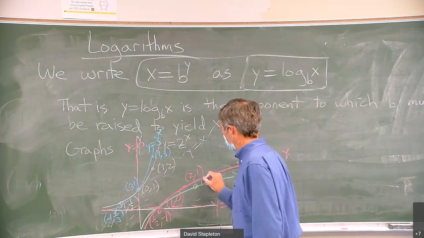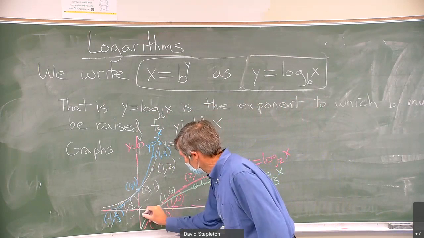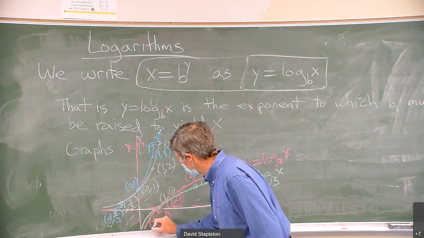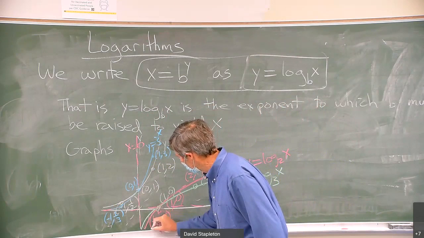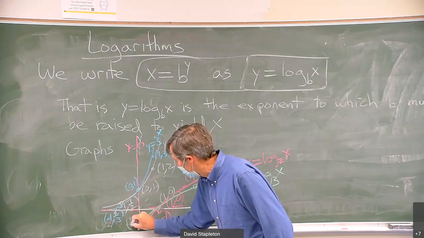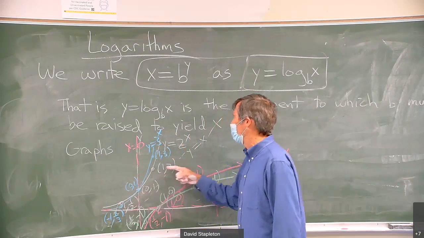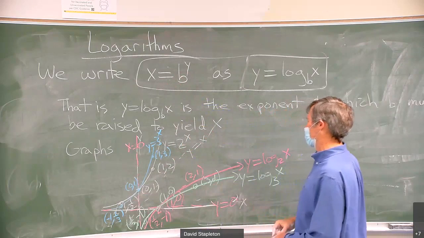It goes through (3, 1), (1, 0), and (1/3, -1). Just a flip, interchanging each pair of coordinates because I just interchanged x and y in the equation.